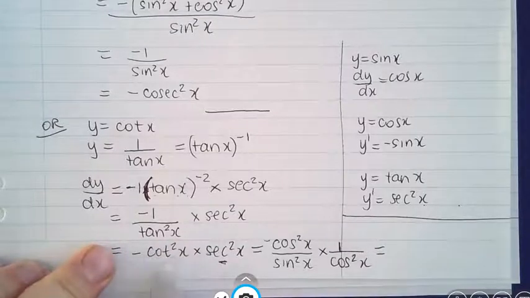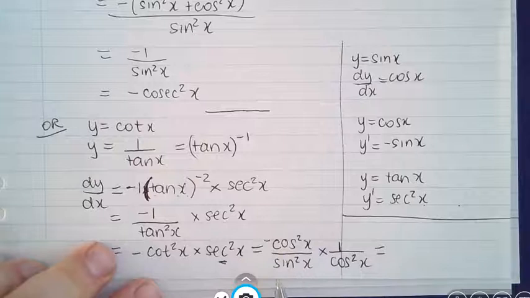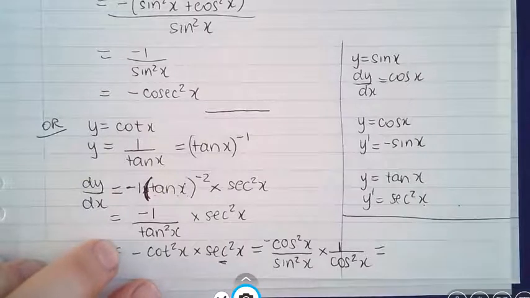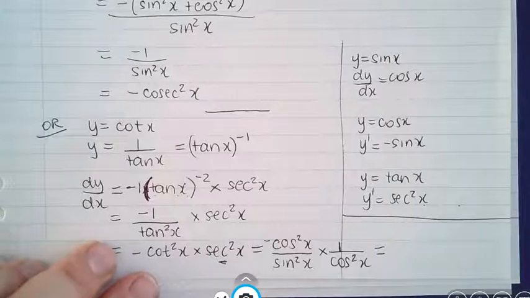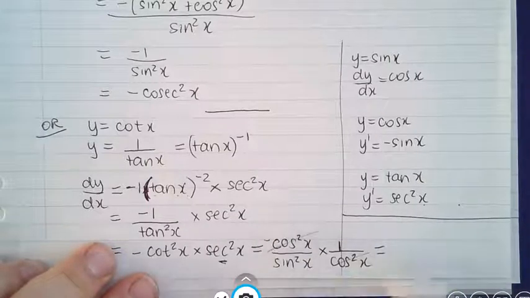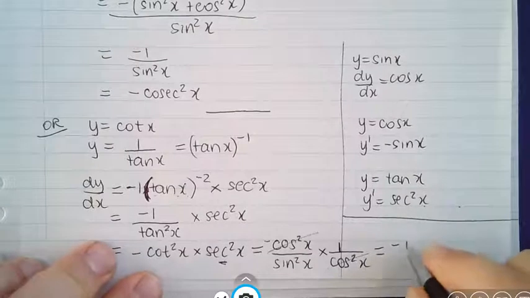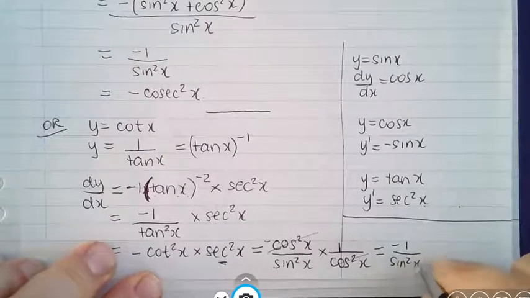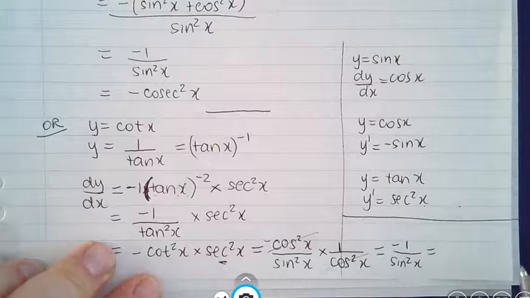Or you can write out the ratio like that. And we know that sec is 1 on cos. So why have I done this? What cancels? The cos squareds cancel between the numerator and the denominator. And I've got negative 1 on sine squared x, and what's 1 on sine?